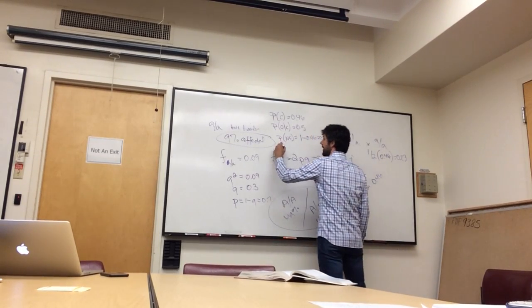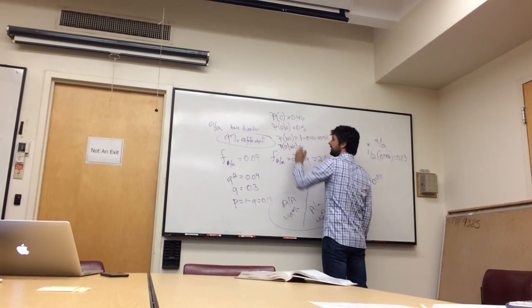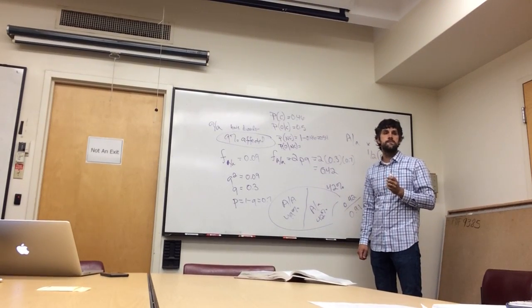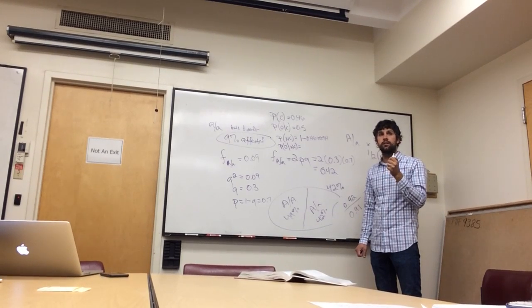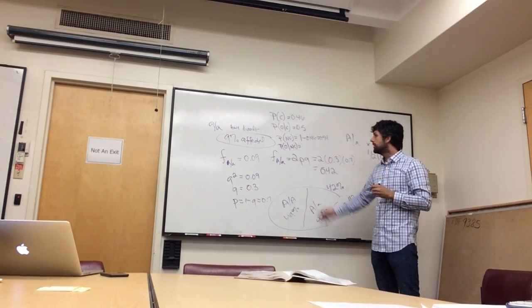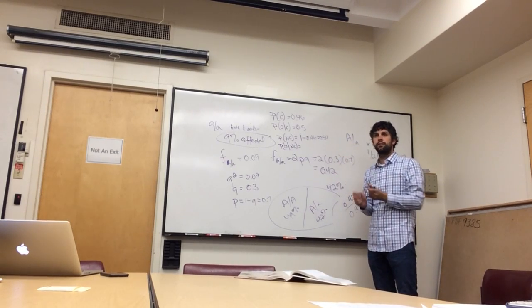And now the probability of having an unaffected child, given that she is not a carrier, is equal to... One.